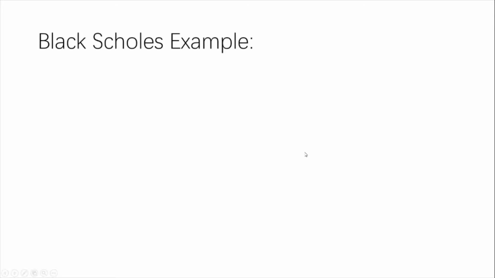Let me use a very specific example to illustrate this. I'm going to use the Black-Scholes model to price vanilla call or put options. Black-Scholes is a very widely used and accepted model to price vanilla options, and so we can see this is a relatively fair model as long as you can input good parameters.